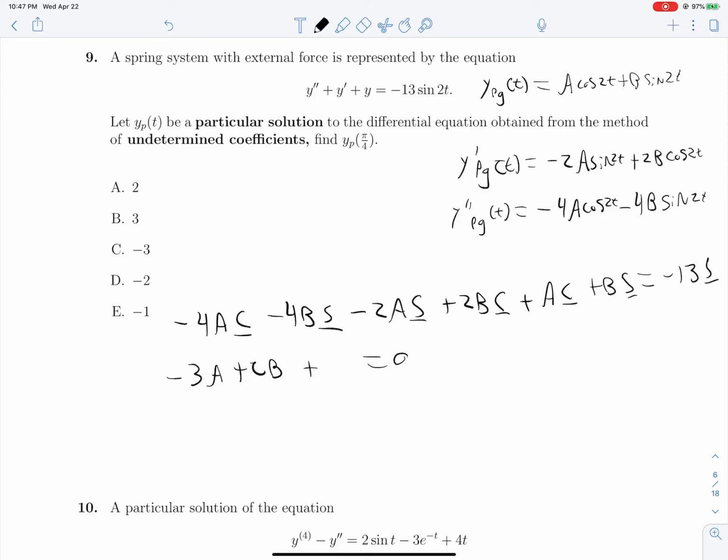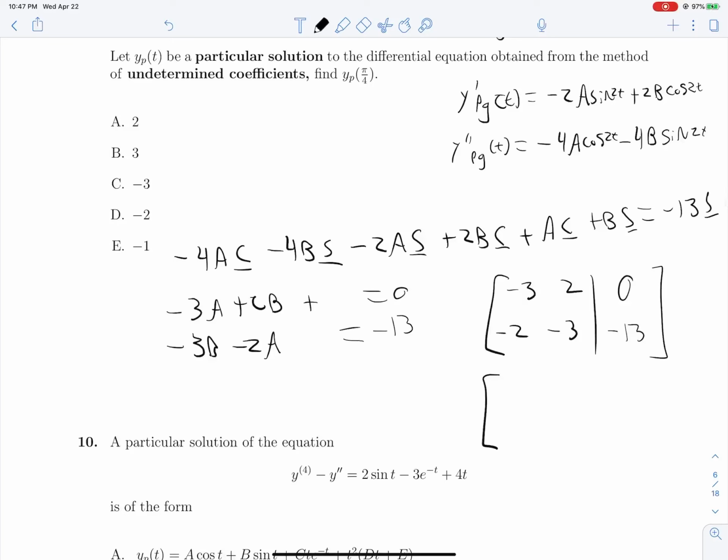And then pulling out our sines, negative 4b minus 2a plus b is equal to negative 13. So this plus b will turn this into a negative 3, and we can make a matrix. We have negative 3a, 2b is equal to 0. Got to be careful here. Our negative 2a will come first, so negative 2a minus 3b is equal to negative 13.